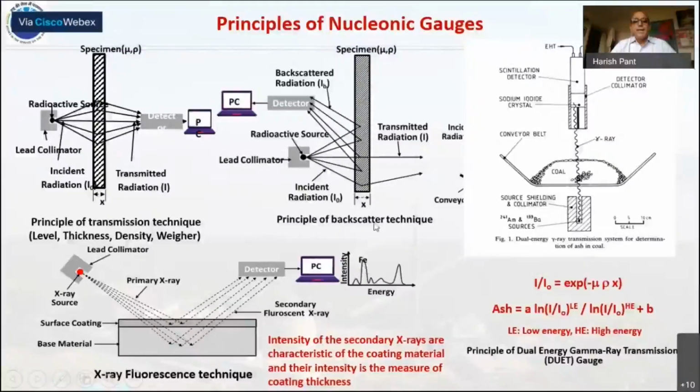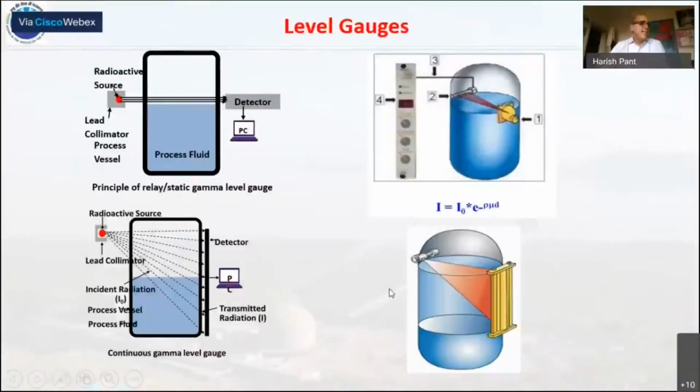So there you will get different peaks, and the intensity of these peaks can be correlated with the thickness of the material. So these are the principles of the various gauges.